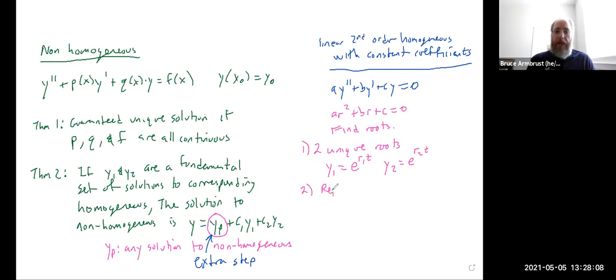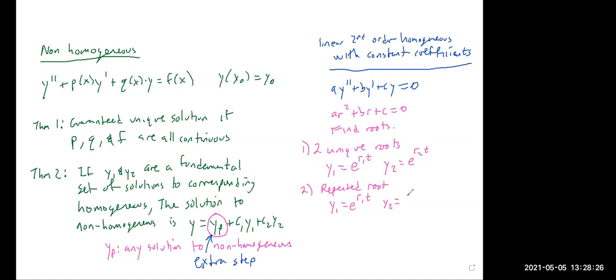If we get a repeated root, okay, well, we still get the e to the r1t. Does anybody remember what the second one looks like? T e to the r1t. There you go.